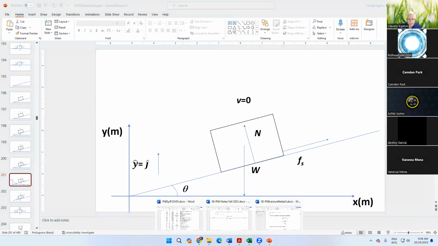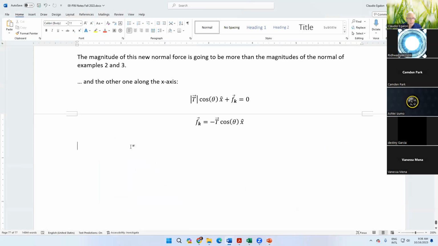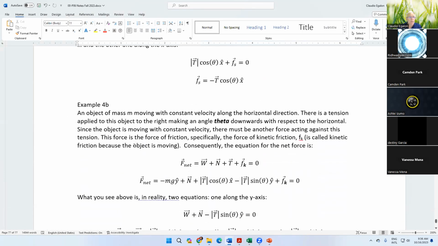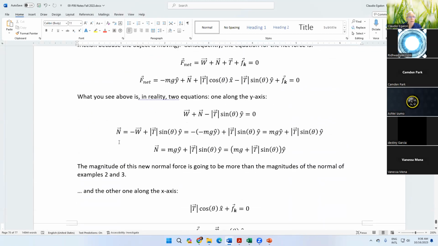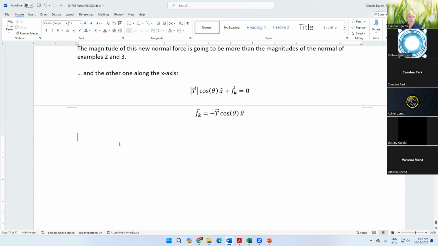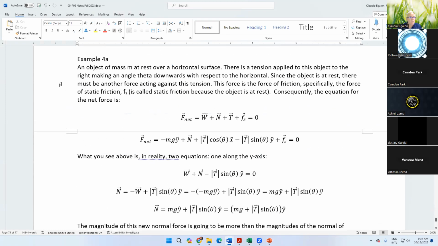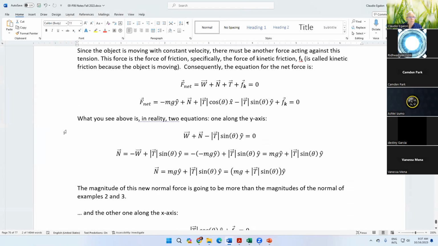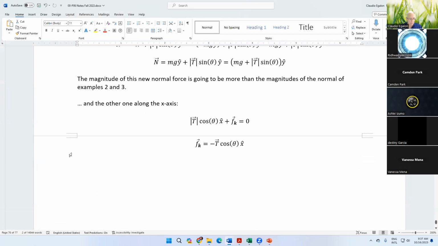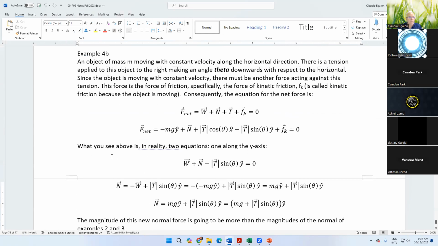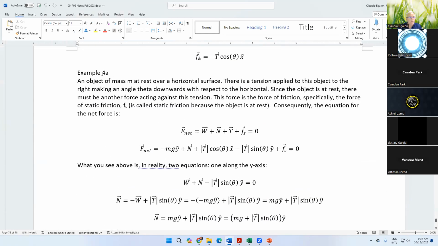The problem with an inclined plane. Example 5A. An object of mass m at rest over a horizontal surface. There's no tension in this case.